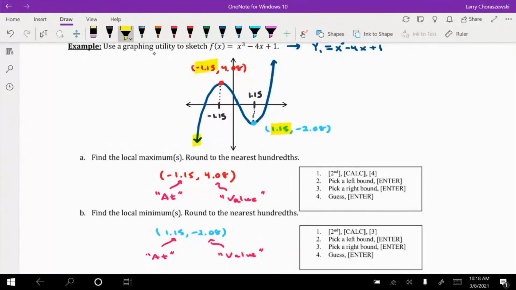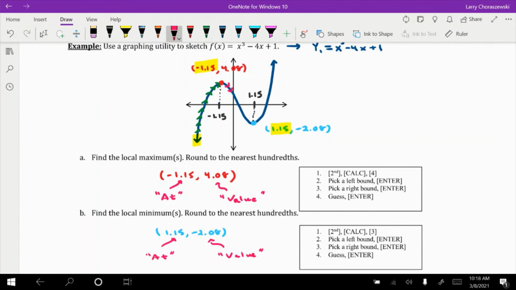Now let's start with our fingers right here on the graph. As we trace it from left to right, what kind of behavior is happening first on this graph? Is it increasing, decreasing, or constant? Increasing. And then once we reach the local maximum, the graph begins to do what?